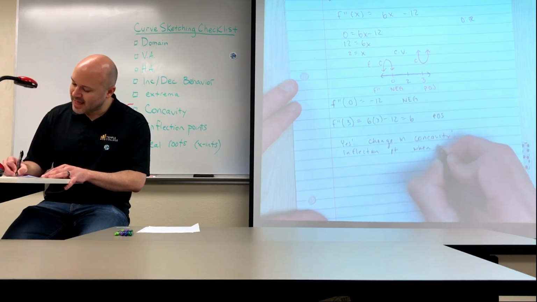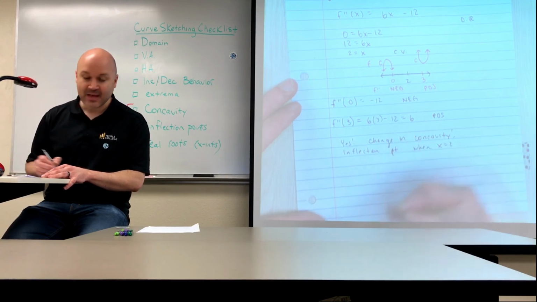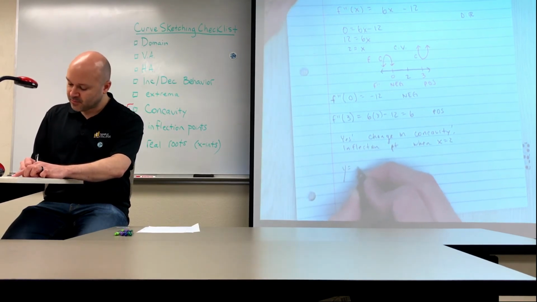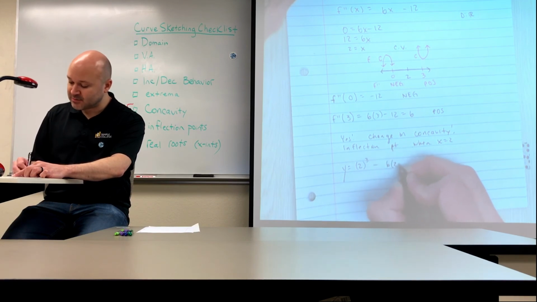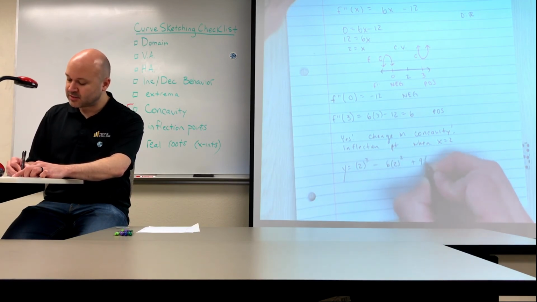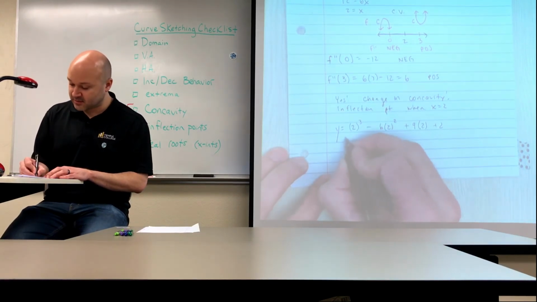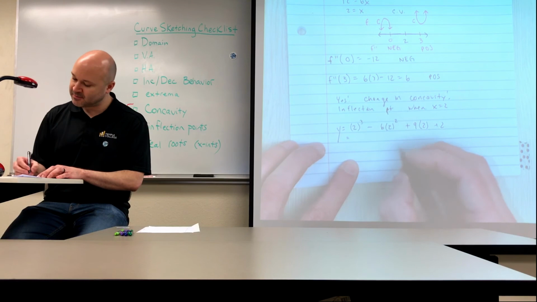When x is 2, if I want to find the actual point, I'll go back to the original and just shove it in. 2 cubed minus 6 times 2 squared plus 9 times 2 plus 2. Just some arithmetic. This is the hardest part, probably.